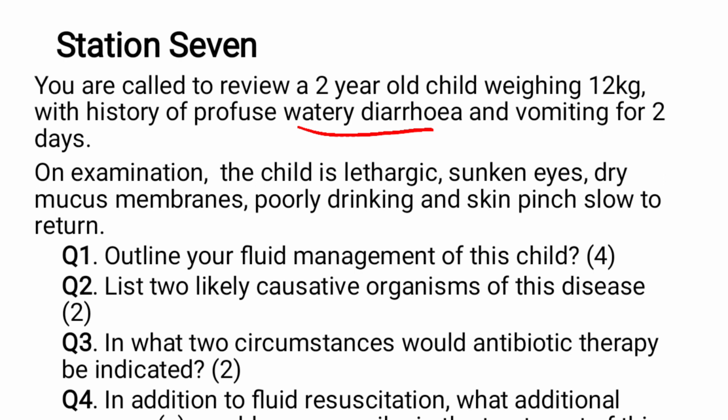So if you put those, you can actually get this one wrong, because they don't cause watery diarrhea. So stick with rotavirus, norovirus, and the E. coli that don't cause bloody diarrhea. So we are done with this question as well.